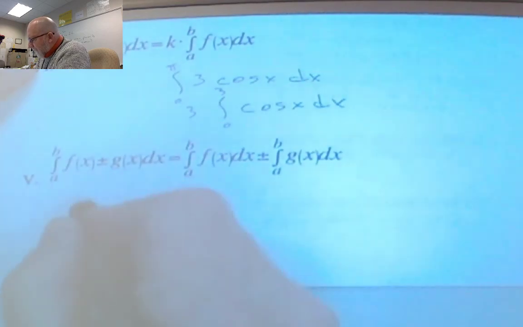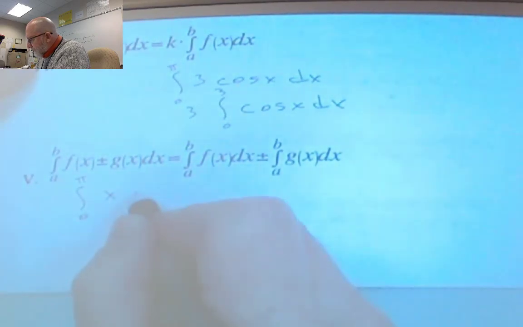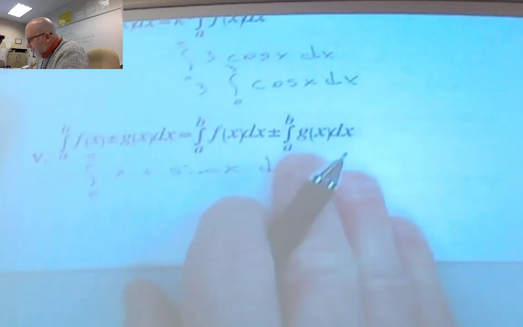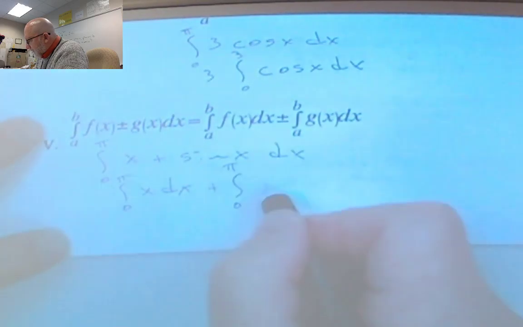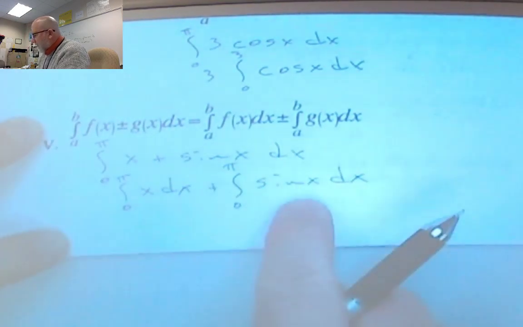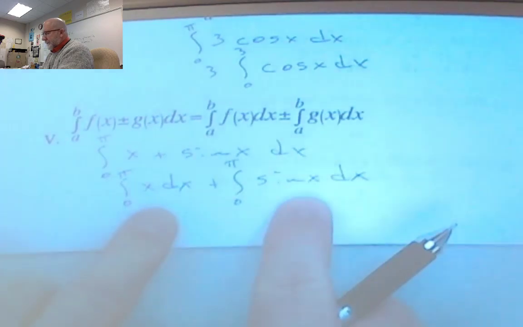This is saying if I had something like this, I could separate these as two different integrals. Find the area under each of those curves and add them together.